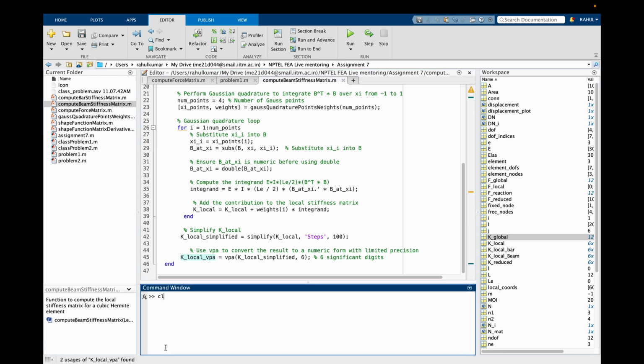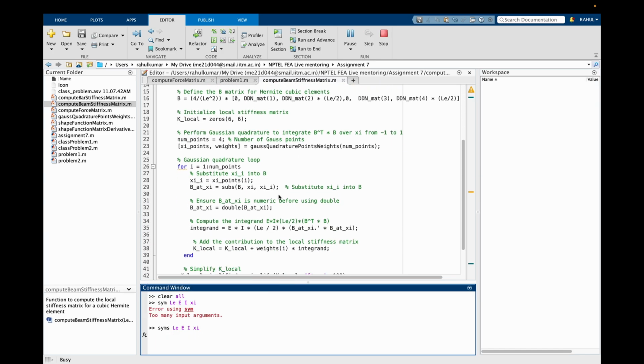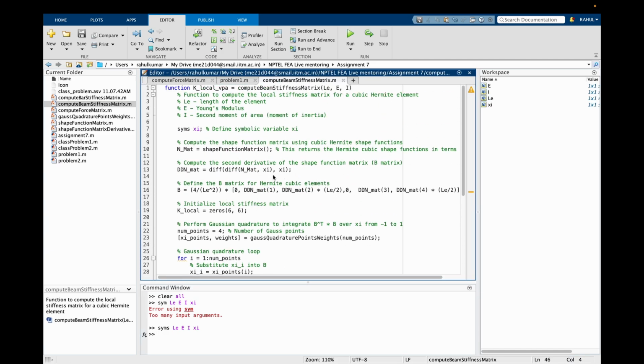First I will clear it. Clear all. Let's assign some values: syms L E I Z. Okay, all these values I have assigned. And also, let's run this code.